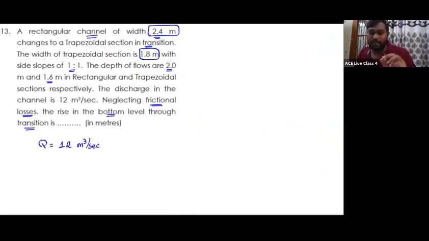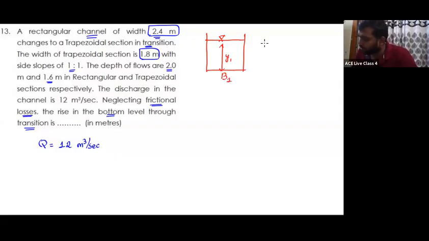Okay, fine. Now let's see how the transition has been done. At first, the channel is a rectangle, with details Y1 and B1, and then it changes to a trapezoidal section. The width of the trapezoidal section B2 is 1.8 meters, with a side slope of one vertical to m horizontal, and depth of flow Y2.